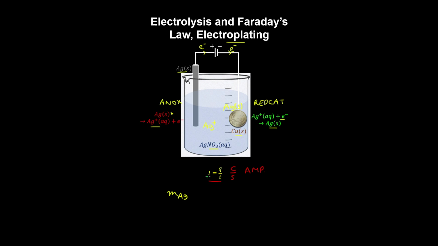So for example, you may be given a current and the time in seconds, and you'll be able to calculate the charge in coulombs. And then using Faraday's constant, which is in charge per mole of electrons, you can convert this into a mole of electrons.